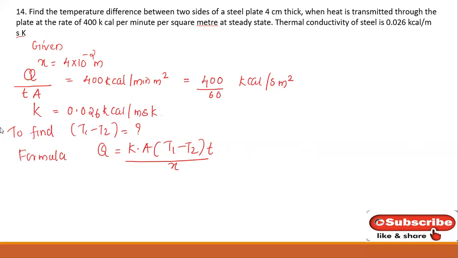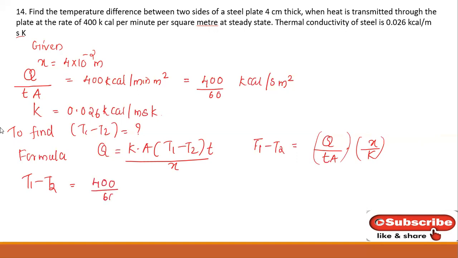To find out T1 minus T2, cross multiply. On cross multiplying we will get T1 minus T2 is equal to Q upon TA into X upon K. On substituting the value, we know Q upon TA is 400 upon 60. 400 upon 60 into X by K. X is 4 into 10 raised to minus 2 upon thermal conductivity 0.026.